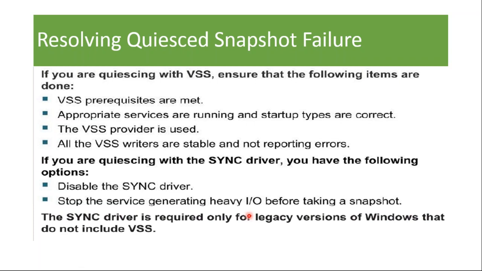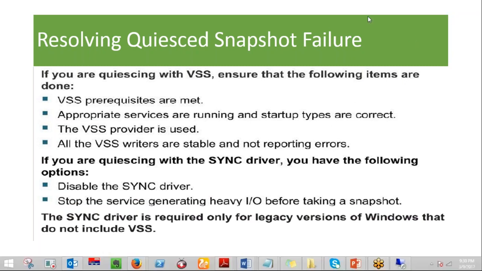For those versions, the quiesced virtual machine snapshot is not suitable. In those conditions, you have to stop the VMware Tools sync driver, and then you can perform the quiesced snapshot on your virtual machines. Any questions on this slide?